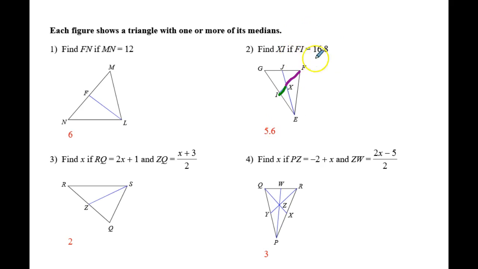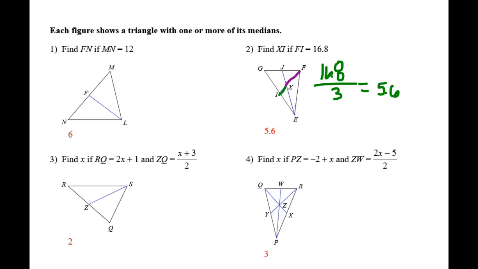So if I know that my whole median is 16.8, I can just say 16.8 divided by 3, and that should get you 5.6.